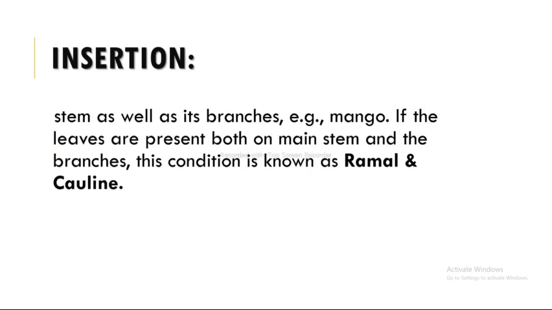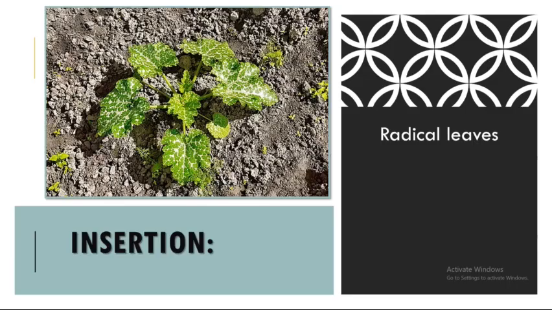For example, mango. If the leaves are present both on the main stem and the branches, this condition is known as ramal and cauline.